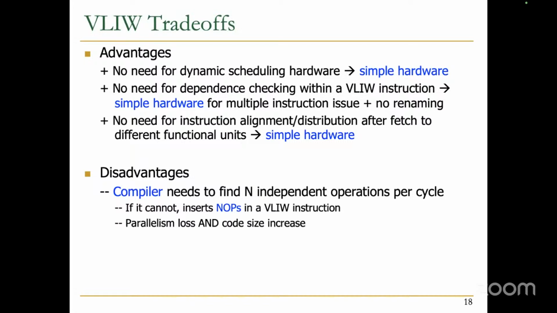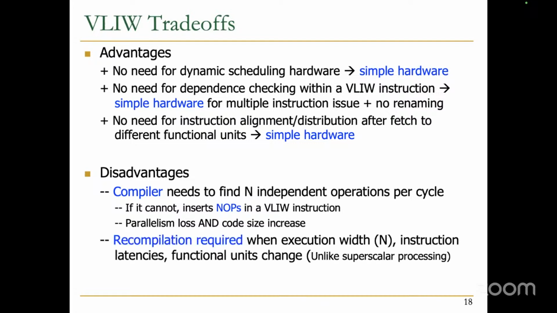If you have no-ops in an instruction, you lose parallelism. And code size also increases, because you need to encode all of the operations that the program needs to do plus no-ops, right? If you add 100% no-ops, your program size becomes double. And if your code size increases, you have other issues: your caches need to become larger, or you get more cache misses, etc. You don't want larger code size.